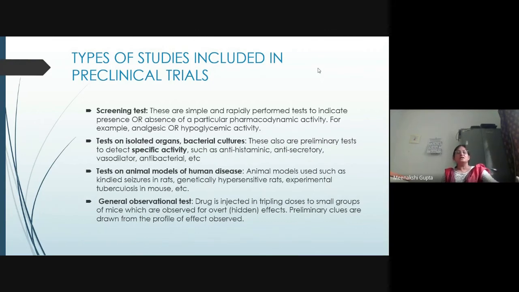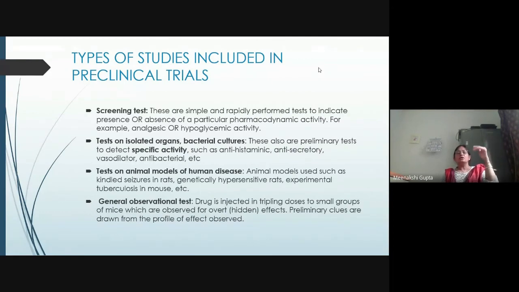After doing the screening test, we can perform the test on isolated organ or bacteria culture based on it. Whichever model we select, isolated organ or bacteria culture, is based on the screening test result. So if the drug shows an antimicrobial action, then antibacterial or antifungal activity testing can be done.